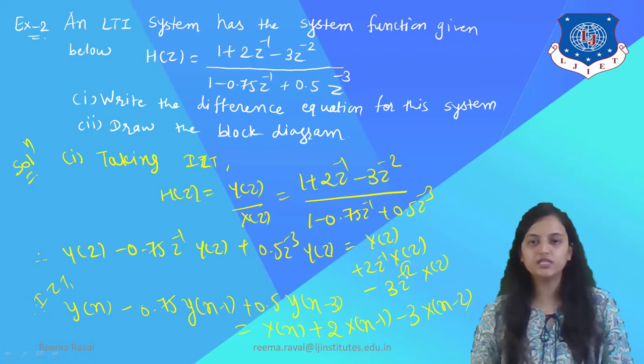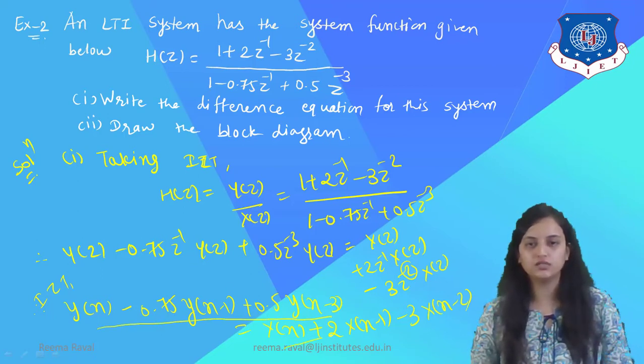Okay, this power is 2, that's why here we have taken minus 2 because these are the delay elements. So this is the difference equation which is asked of us.